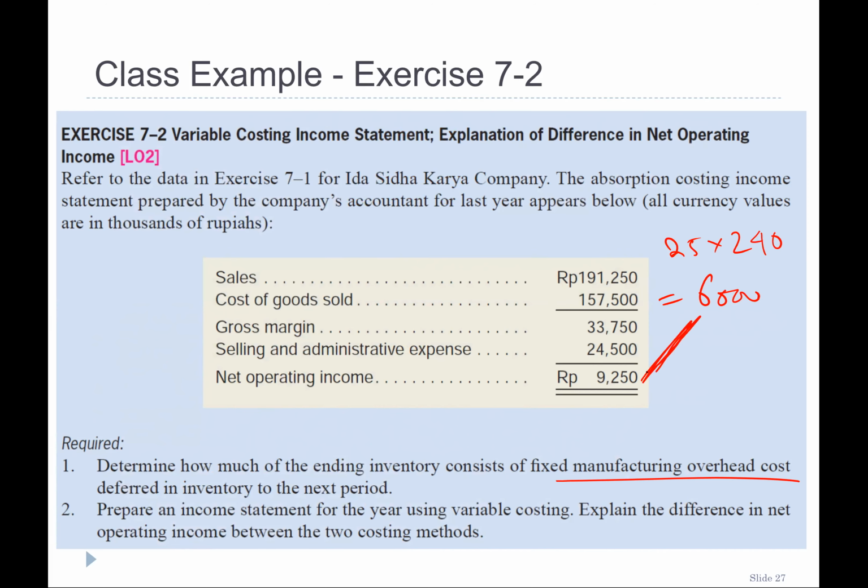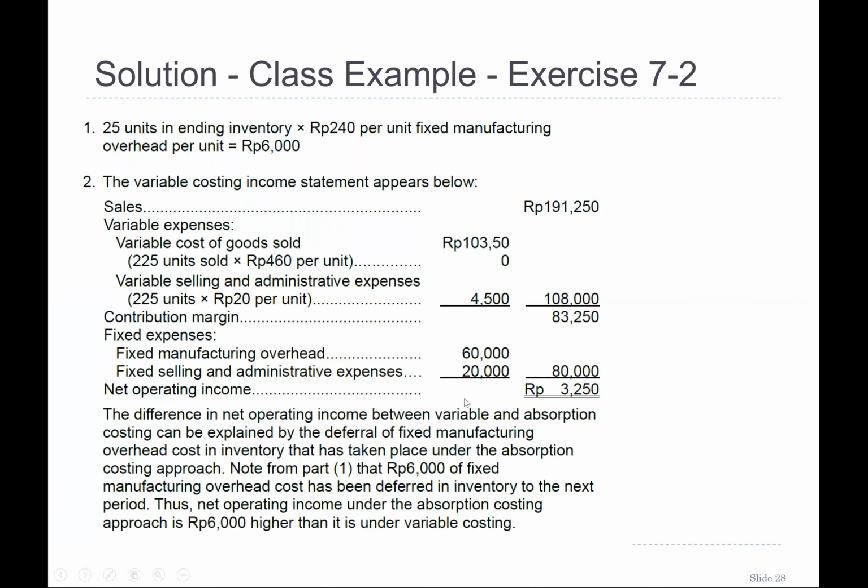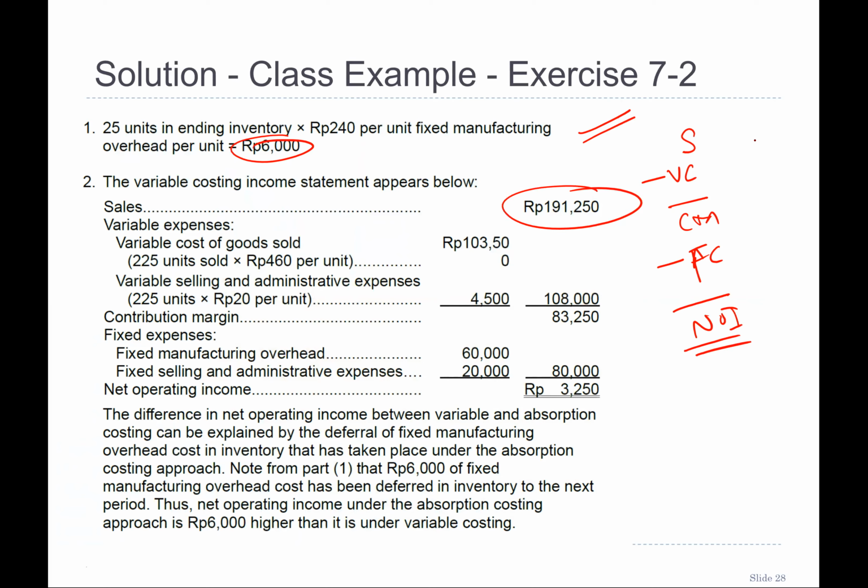So that should be the difference between the profit of variable and absorption costing. Well done. How can we make the variable costing income statement? Sales minus all variable cost is equal to contribution margin, minus all fixed cost is net operating income, right? So sales, they already gave us 191,250.